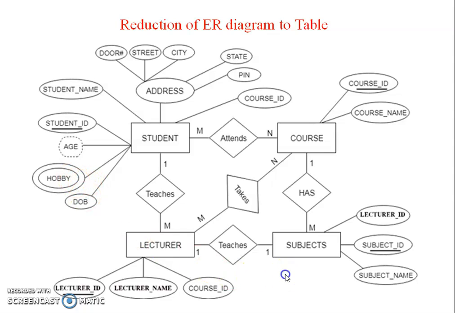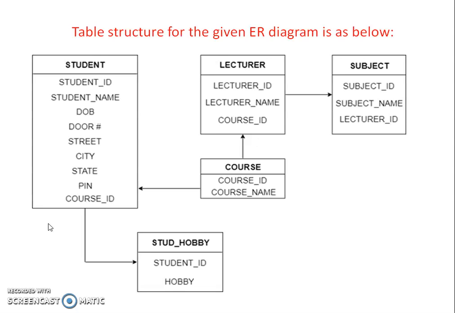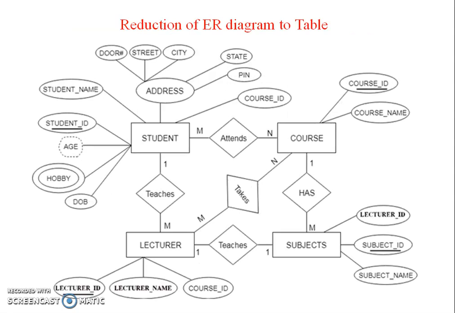It means that in the student table, hobby is not included. Got it? Hence we create a table student hobby with the columns student ID and hobby. By using both columns, we can create a composite key.